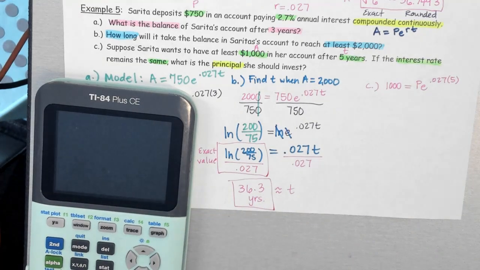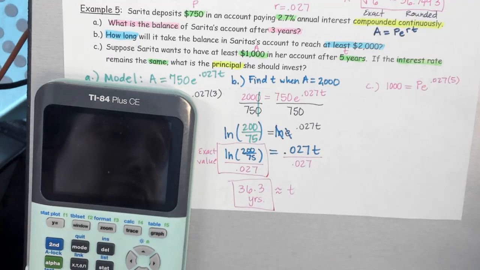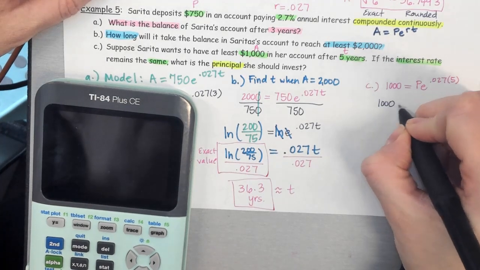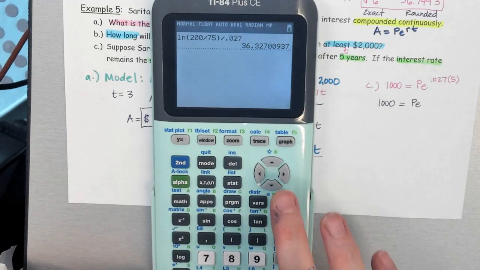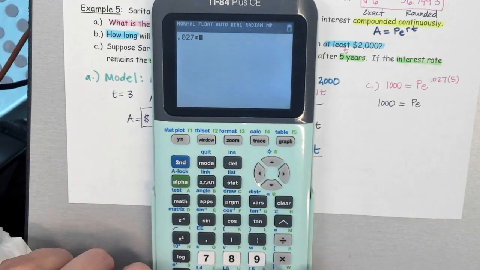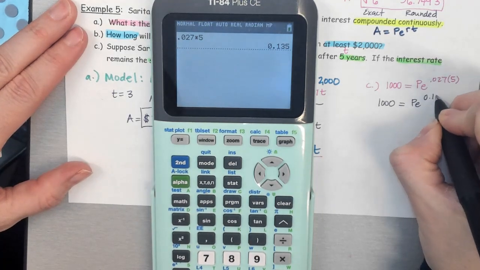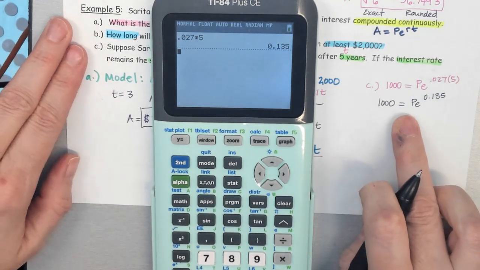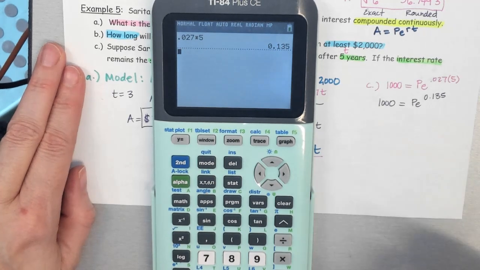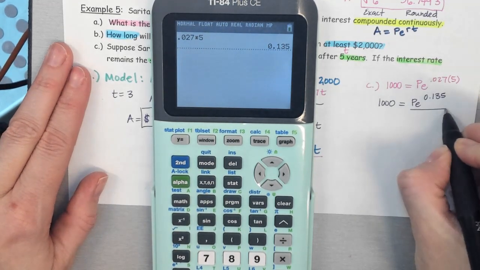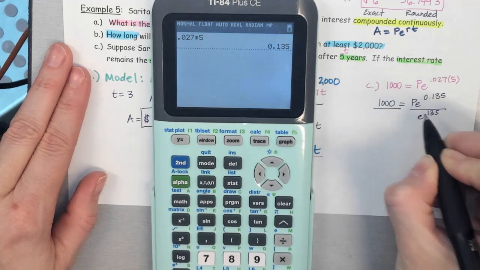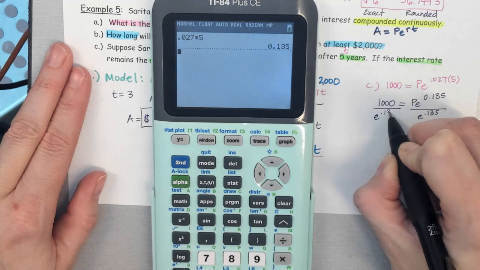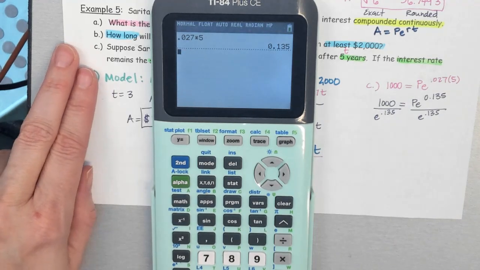All right, so then what we can do is we can multiply those together. So we'll have 1,000 is equal to P e to the power of, we had a nice decimal, right? 0.135. So if I want to get P by itself, what can I do to both sides? You don't have to use logs for this one. So we're going to divide by e to the power of 0.135.